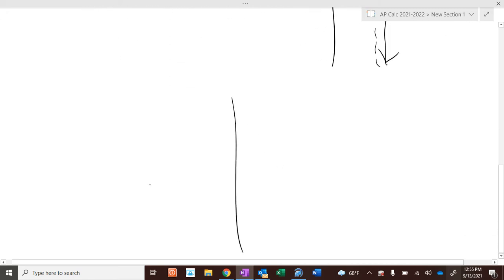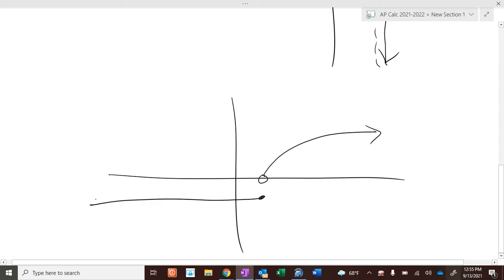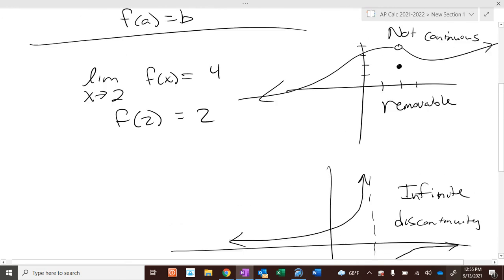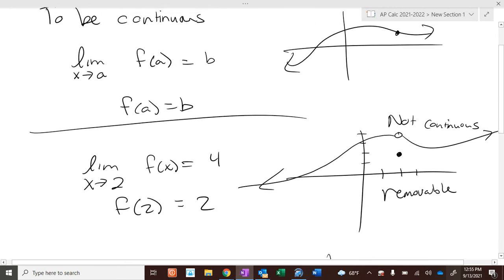And then there are the discontinuities that go like this, where it's a jump discontinuity. So you have the jump discontinuity, the infinite discontinuity, and the removable discontinuity.